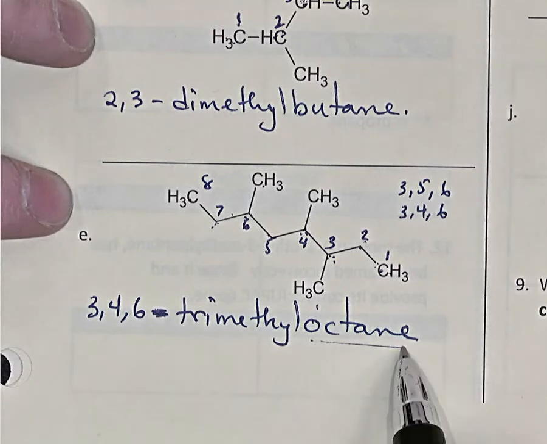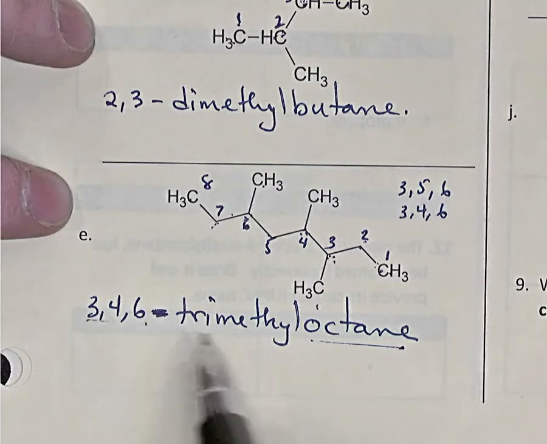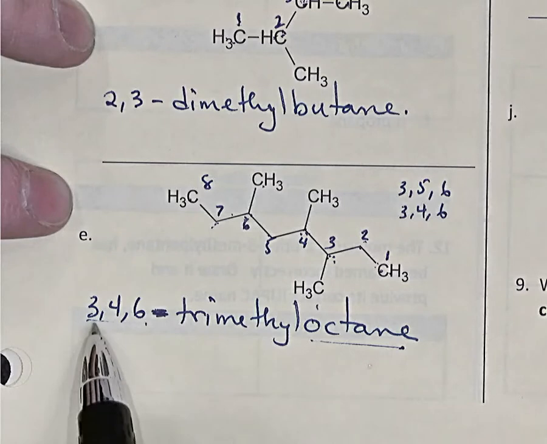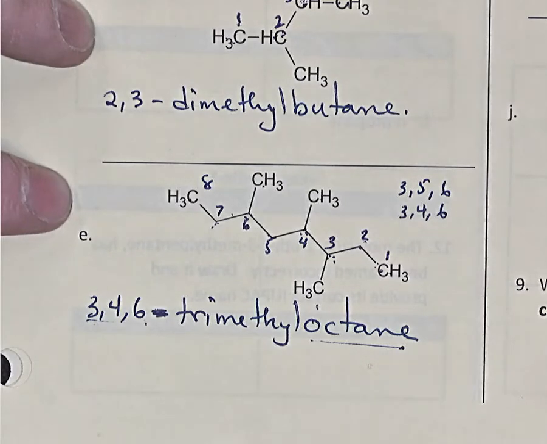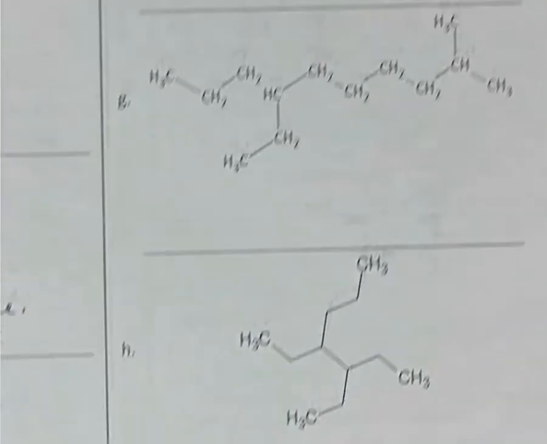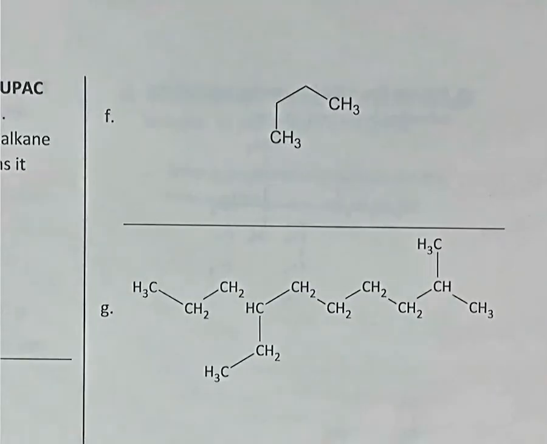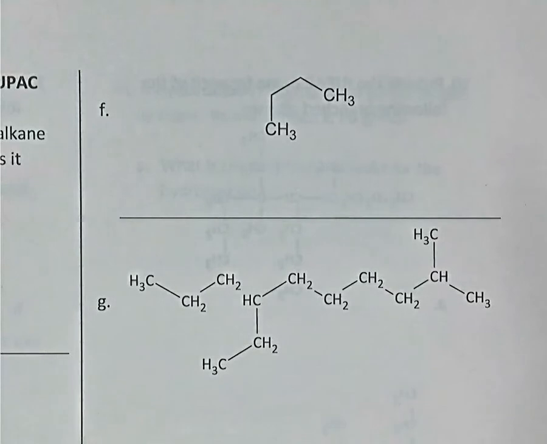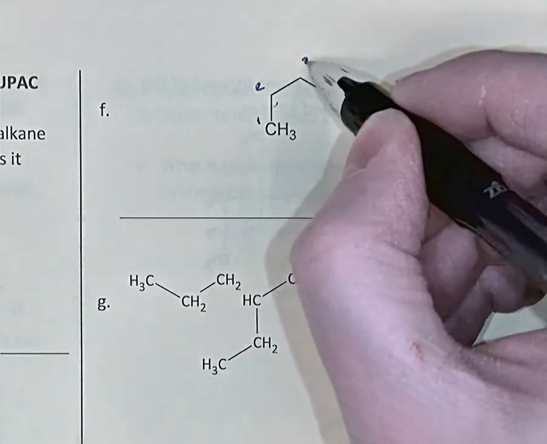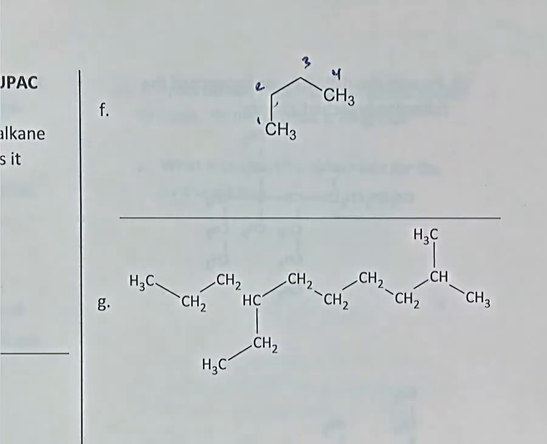There is an 8-carbon parent chain, octane. There are 3 methyl branches, single carbon branches, and they're found on carbons 3, 4, and 6 in the octane parent chain. Question F, the longest continuous chain would be just 4 carbons, carbon 1, 2, 3, 4, and there's no branches.